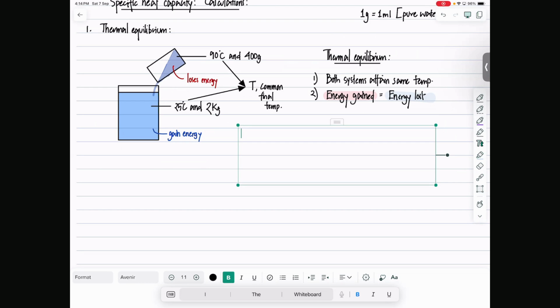Okay, so a question. Two similar liquids are mixed, having different initial temperatures. What is the final temperature of the mixture?